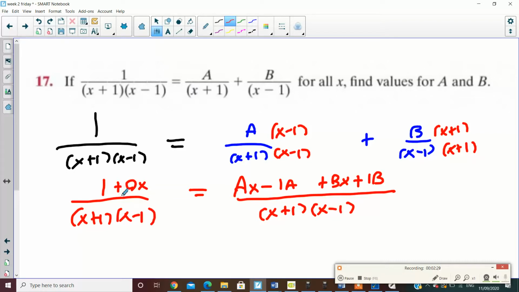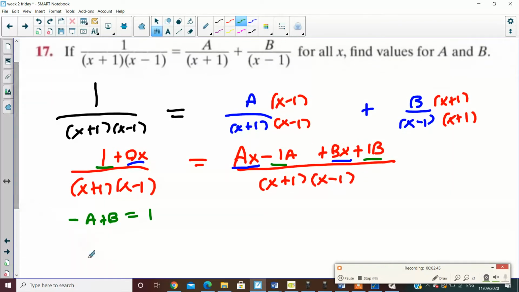Would everybody agree with that? What can I do next? I can say ax plus bx equals 0x. I can also say minus a plus b equals 1. Minus a plus b equals 1. And after that, I can also say ax plus bx equals 0.